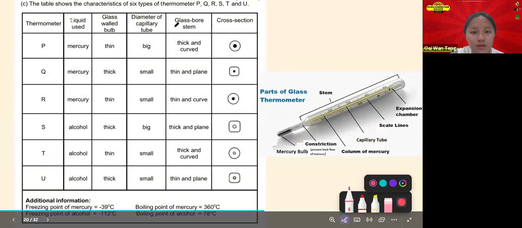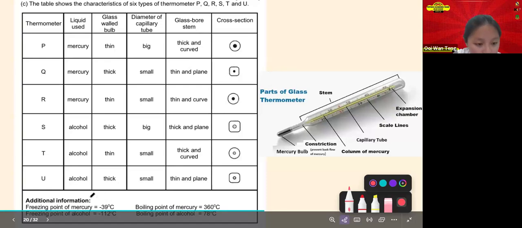So there are a few types of characteristics here. The liquid used is either mercury or alcohol, and the glass bulb used is either thin or thick. The capillary tube has a diameter which is either big or small, and the glass stem is either thick and curved or thin and plain. There's additional information given below the table.